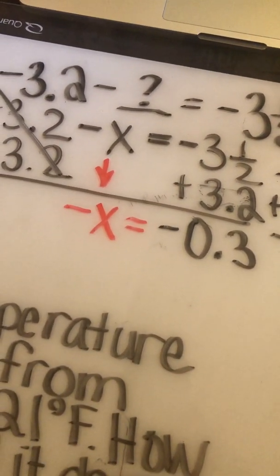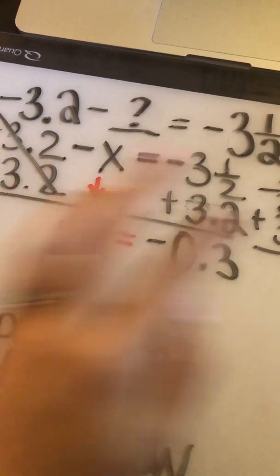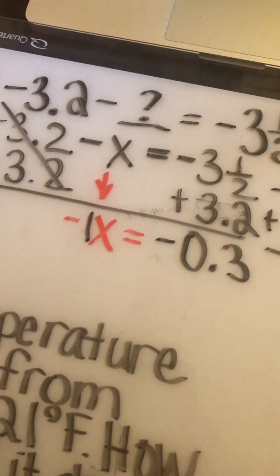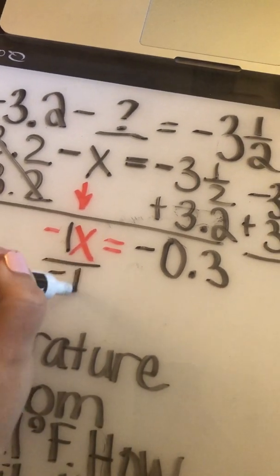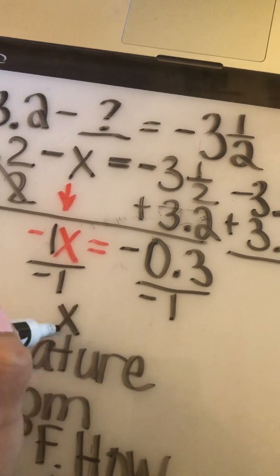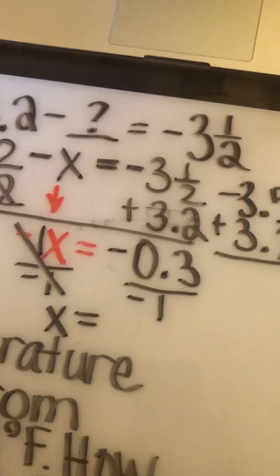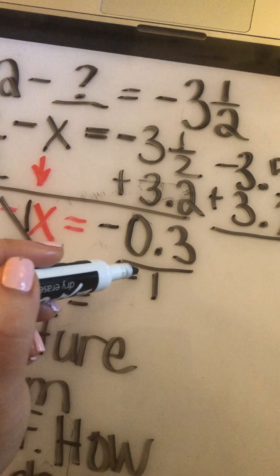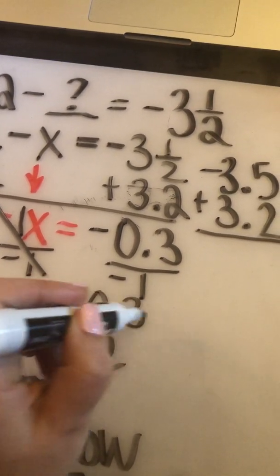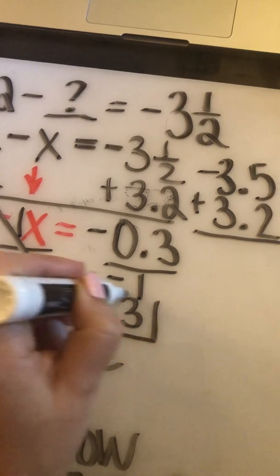So we have to now take this negative sign. We have to put a 1 in front of it. And we are going to now divide by negative 1 to get that x by itself. So now x equals, we would do this calculation, negative 0.3 divided by negative 1, and it's going to give us a positive 0.3 as our answer.